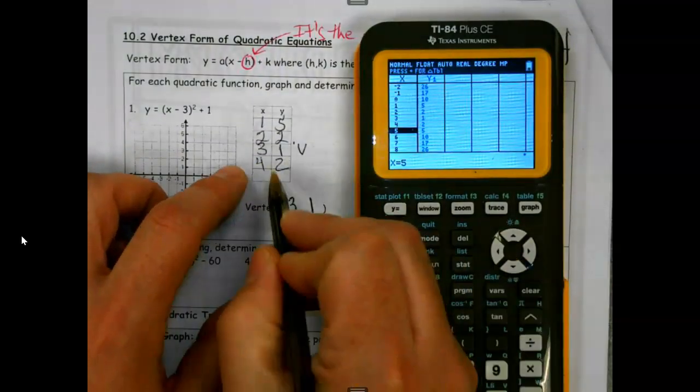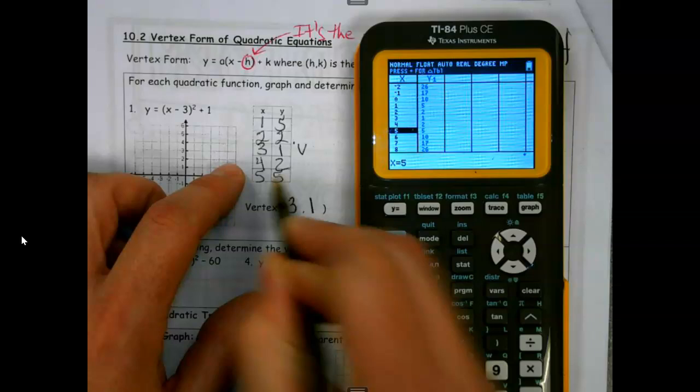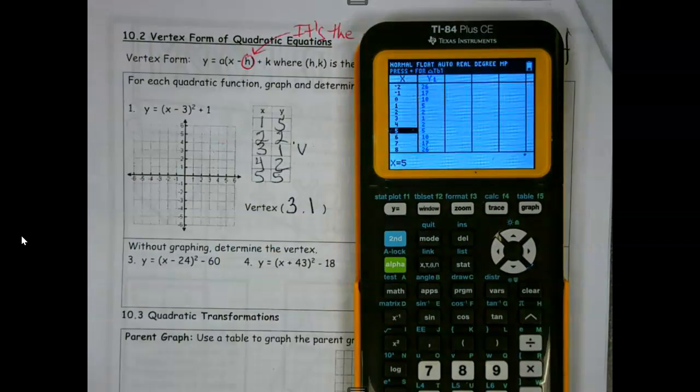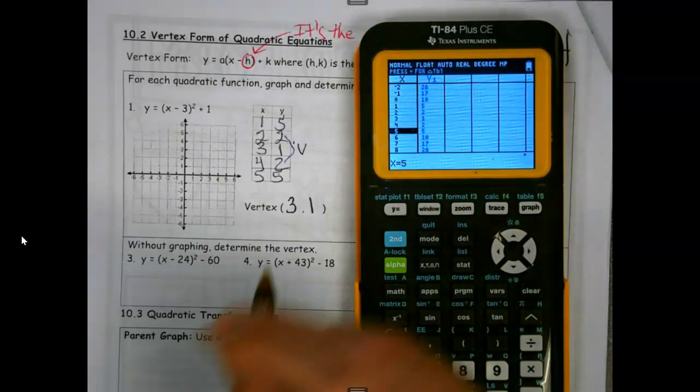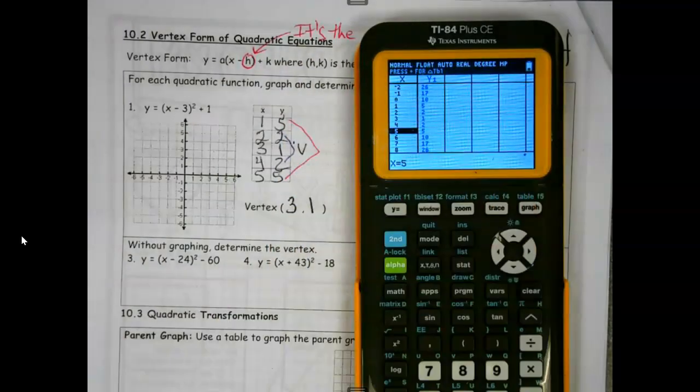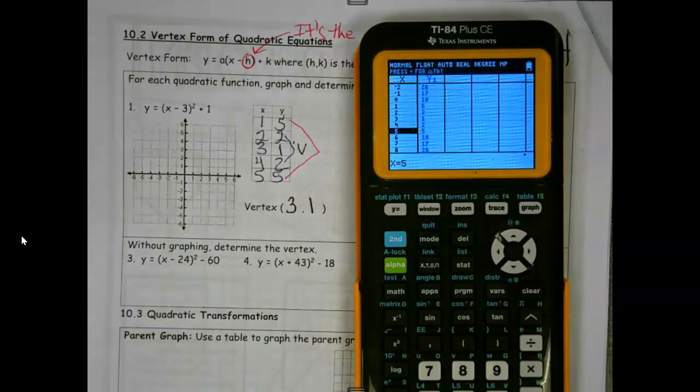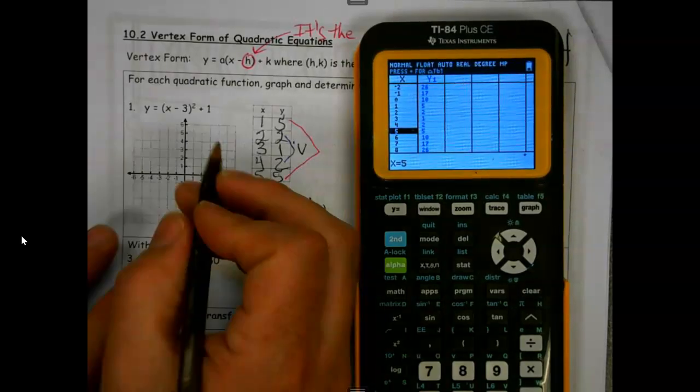And I'm going to do 2 values below. And as we've seen over and over with these, I should see those 2 pairs that match up. And if I do, I've done everything right. And all I've got to do now is graph my points.